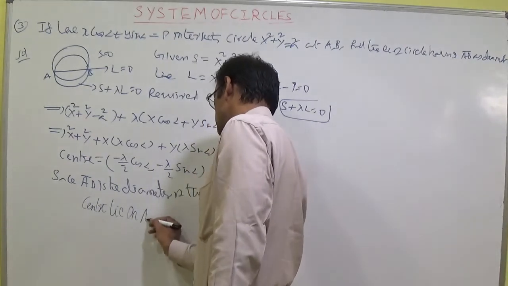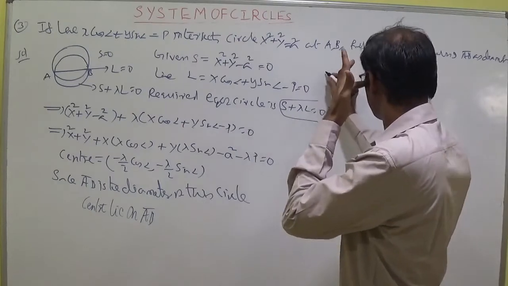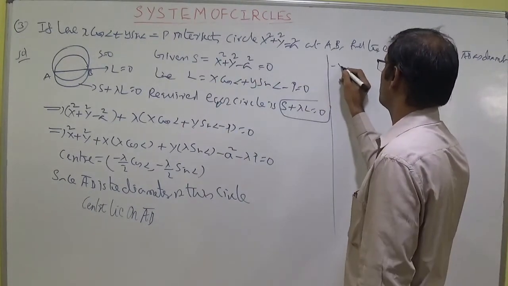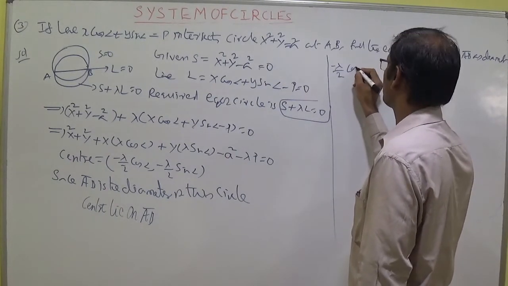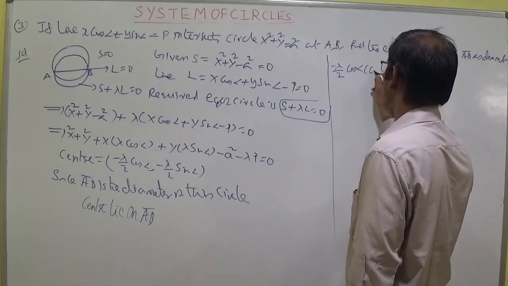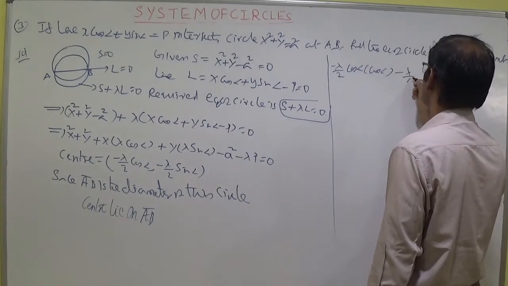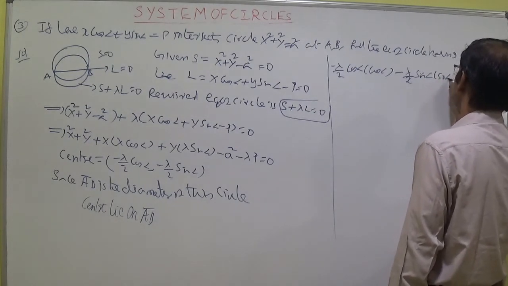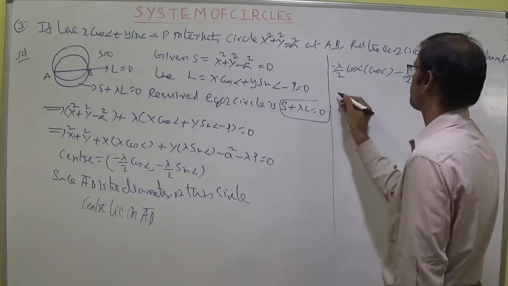Instead of x, you substitute the value minus lambda by 2 cos alpha in x cos alpha: minus lambda by 2 cos alpha into cos alpha, next minus lambda by 2 sin alpha into sin alpha, minus p equal to 0.